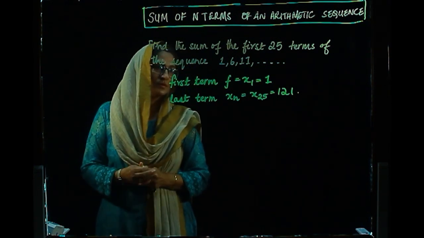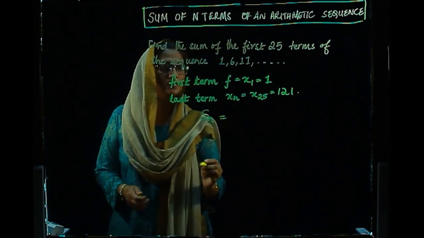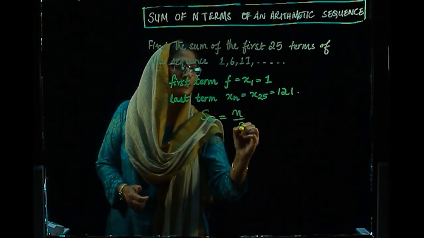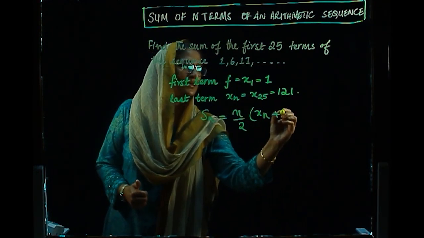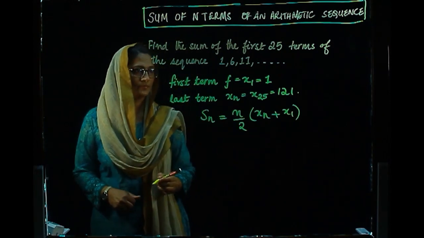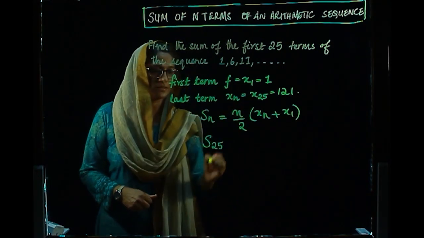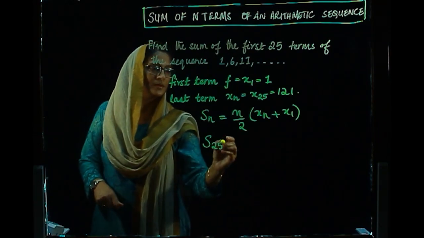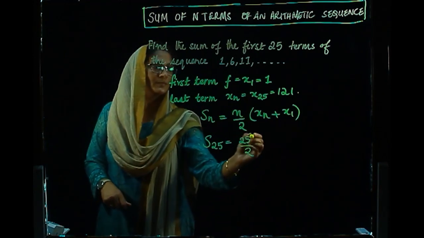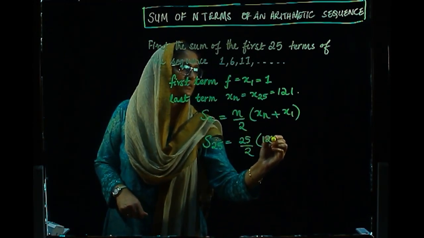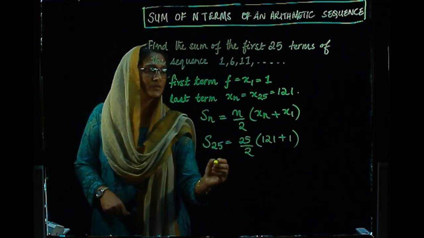Let's see what is the formula. We have Sn is equal to n by 2 into the last term xn plus the first term x1. Here we have to find the sum of 25 terms. So S25 is equal to 25 by 2 multiplied by 121 plus 1. And 121 plus 1 is 122.